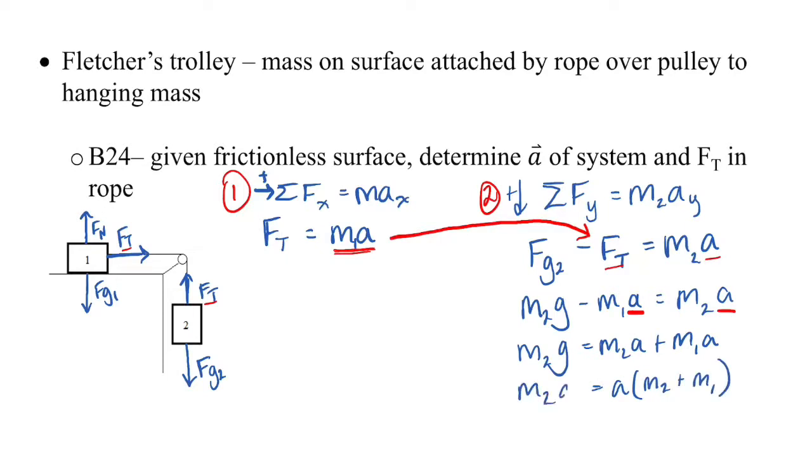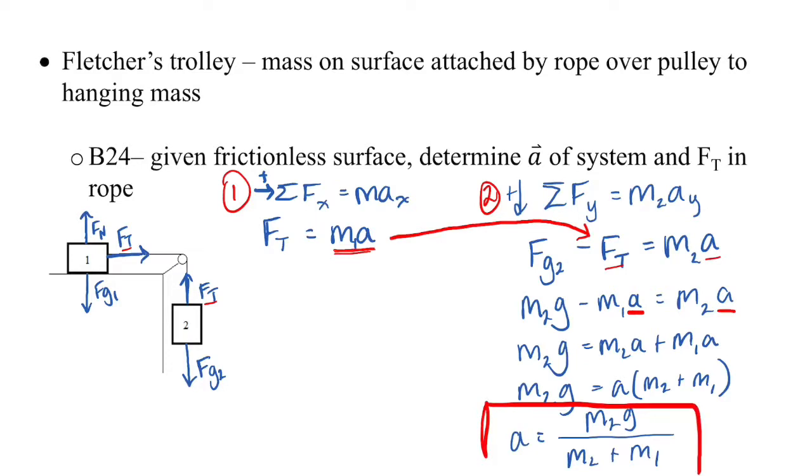Over here, I still have M2G. Then, to find acceleration, I can just divide both sides by M2 plus M1. So that's what we're going to do, and we get acceleration equaling M2G all divided by M2 plus M1. And that's how you would find acceleration.